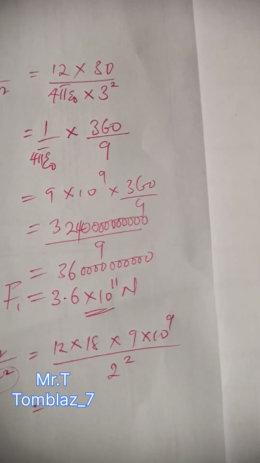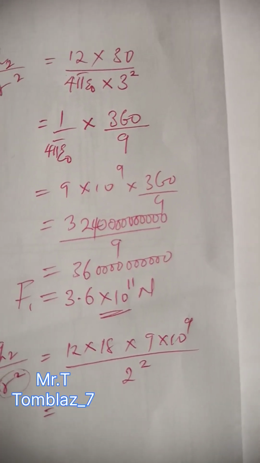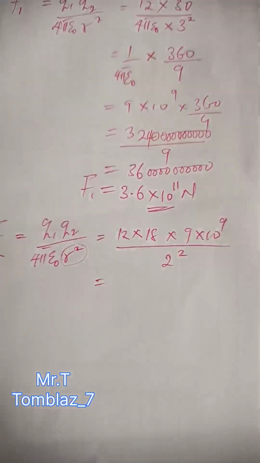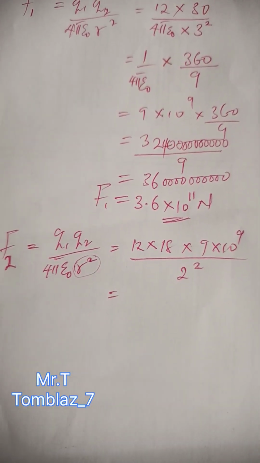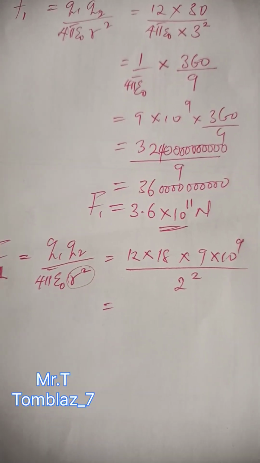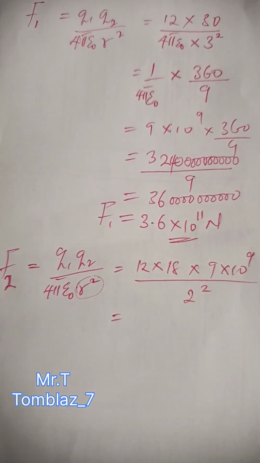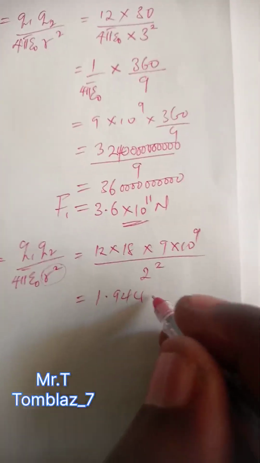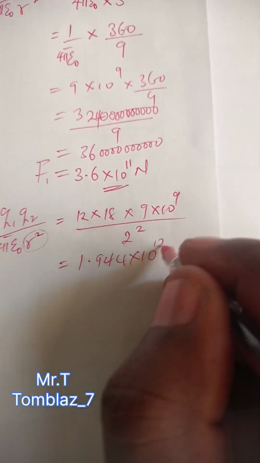So let's multiply the numerator and divide it by the denominator. Let's get our calculator. So we have 12 times 18 times 9 times 10 to the 9. That's going to give us 1.944 times 10 raised to power 12.